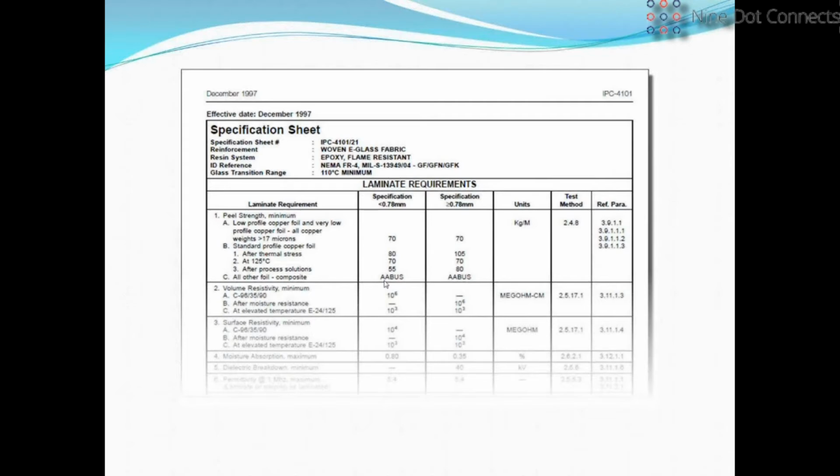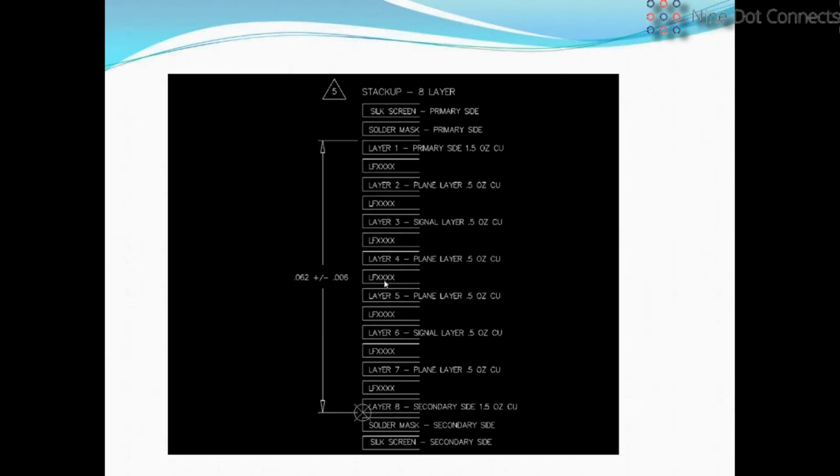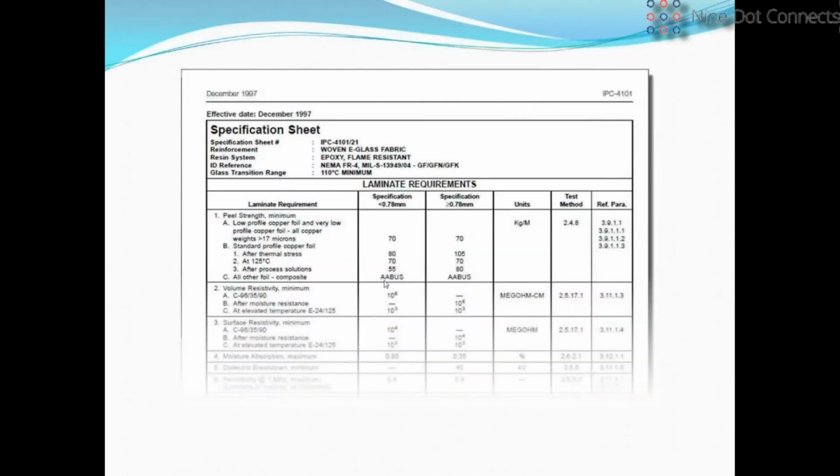So with that, I'd like to move on to the idea of stack-ups. Stack-ups are critical. You should understand your stack-up before you begin your design. One of the things that is critical in designing RF, and a lot of you will already know this, is that grounding techniques are critical.